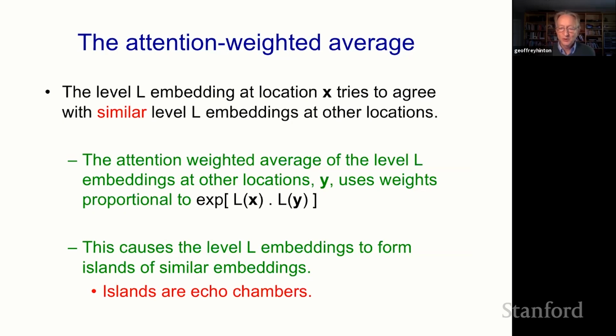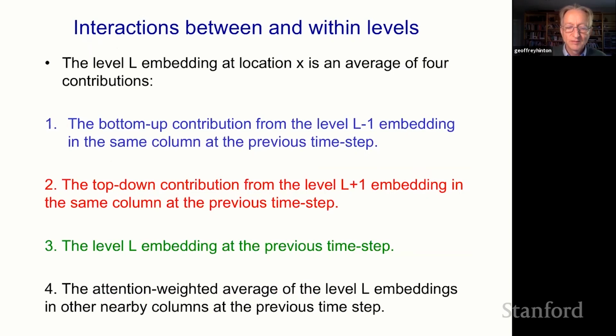So the input produced by this from neighbors is an attention-weighted average of the level L embeddings of nearby columns, and that's an extra input that you get. It's trying to make you agree with nearby things, and that's what's going to cause you to get these islands of agreement.